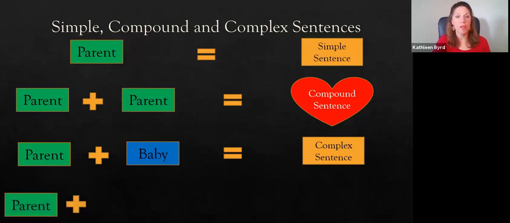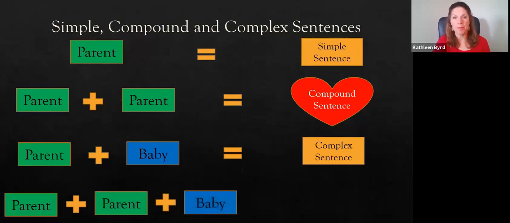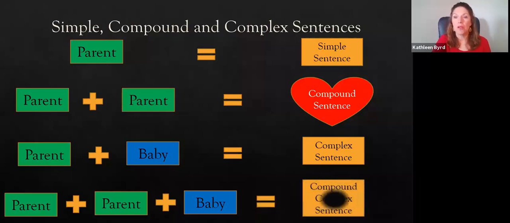Parent plus a parent plus a baby, and this could also be a baby plus a parent, just two of one and one of another, is a compound complex sentence. So hopefully this word picture will help you remember and help you understand simple, compound, and complex sentences.